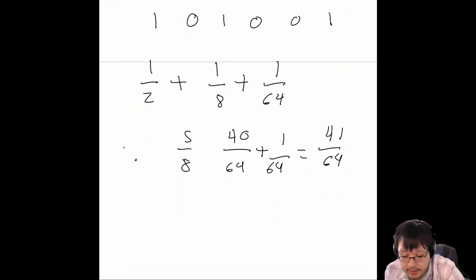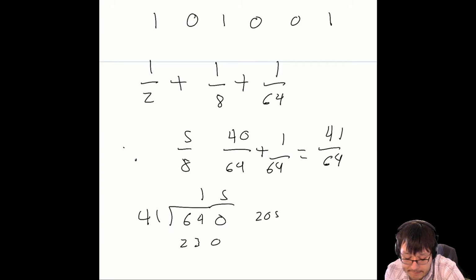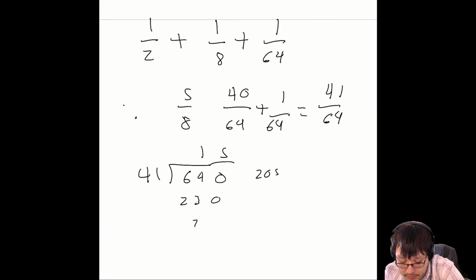Now, what is that in decimal? What is that equal to? 23, 0. 4 times 5 is 20. So that would be 205 minus 230. That would be 25. Throw in a 0 here.